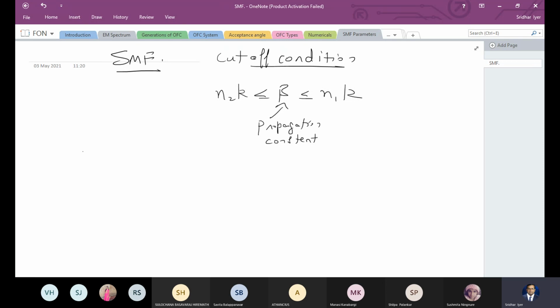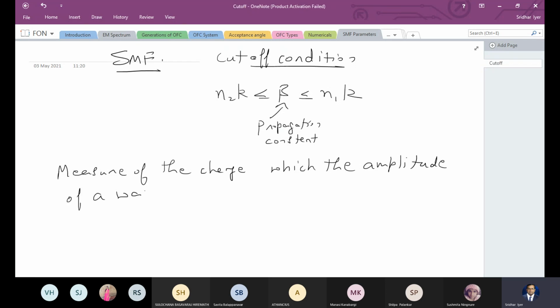Okay, so this propagation constant basically is a measure of the change which the amplitude of a wave undergoes as the wave propagates.